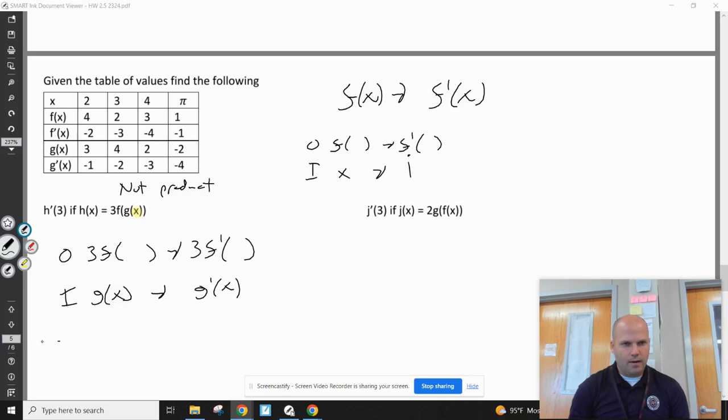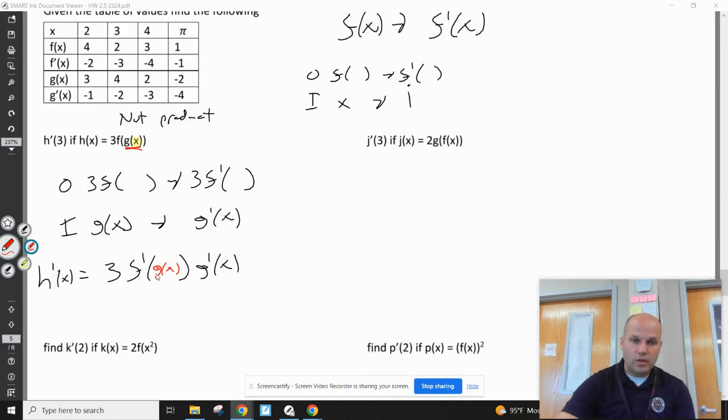Now, H prime will equal 3F prime parentheses times G prime of X. What starts in the parentheses stays in the parentheses. Cool. This is the notational derivative of the chain.